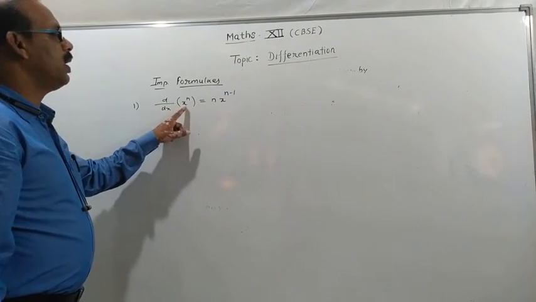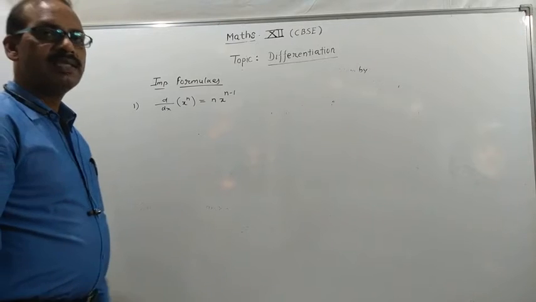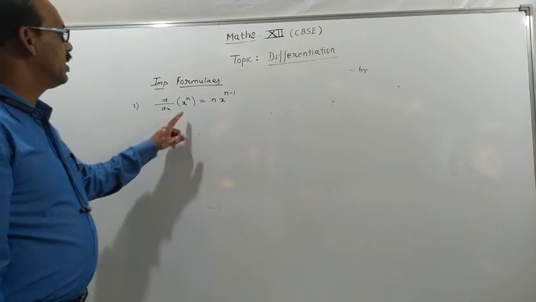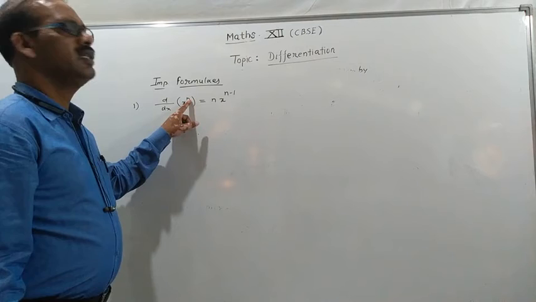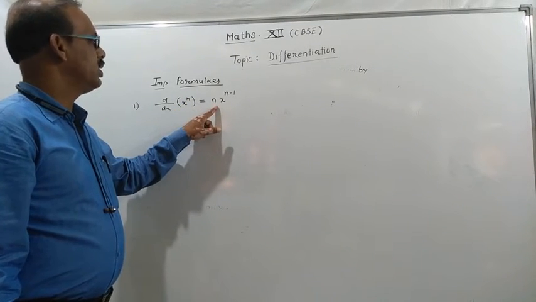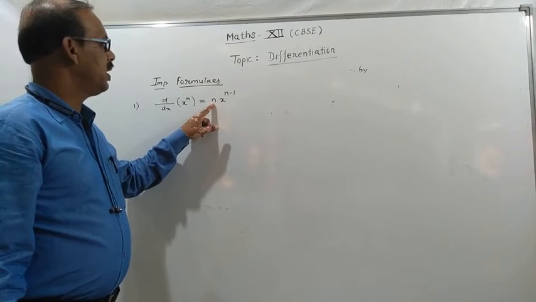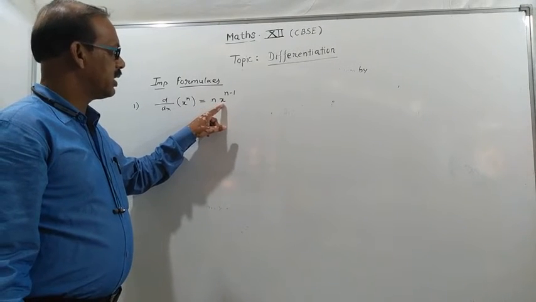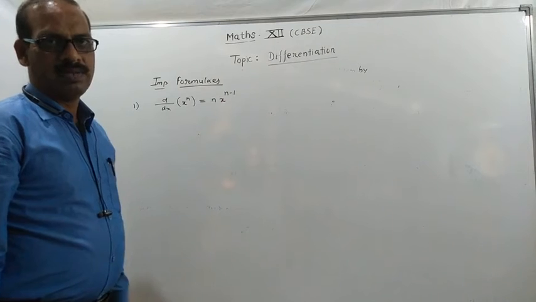This x to the power n is known as the algebraic function, and n is any rational number. So its derivative is always given by n x to the power n minus 1.